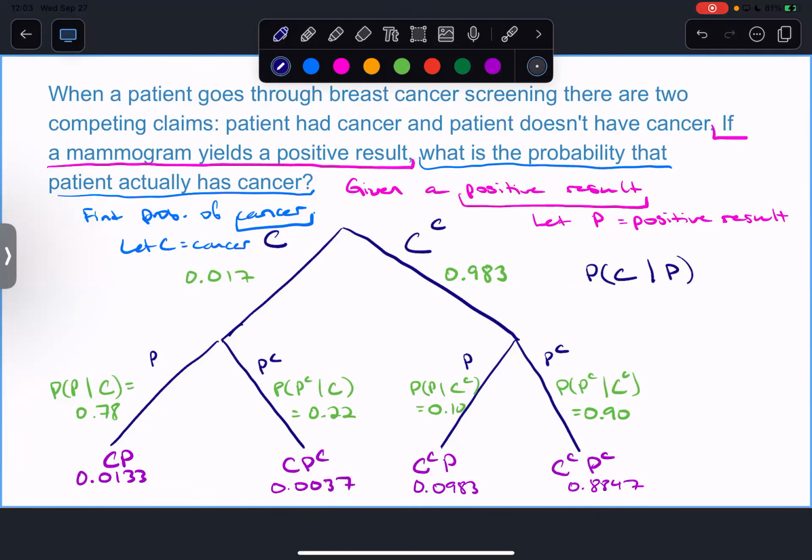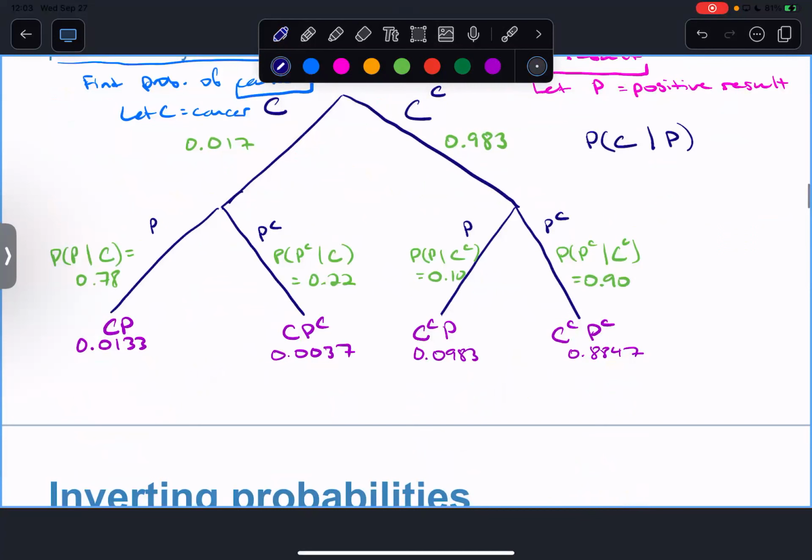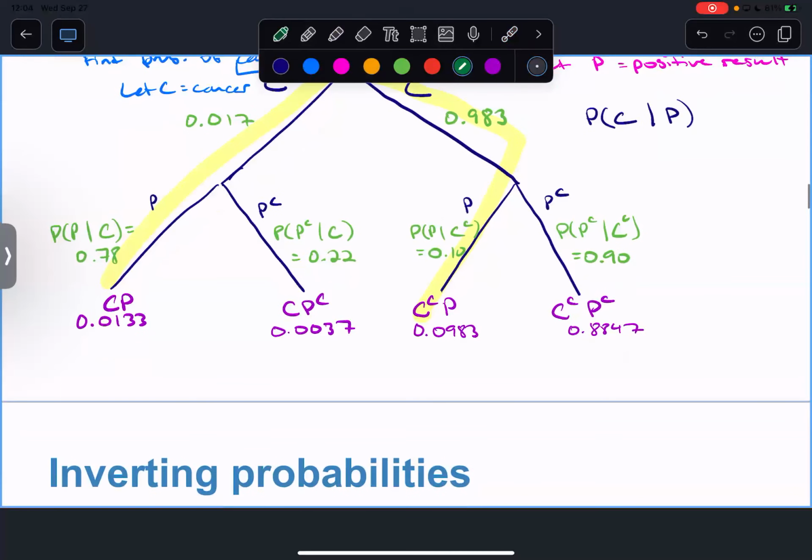One thing that I want you to see from the tree is there were two ways of getting a positive result, here or here, right? So I like to highlight the branches that give me a positive result. And what I'm also going to note is it's this or this.